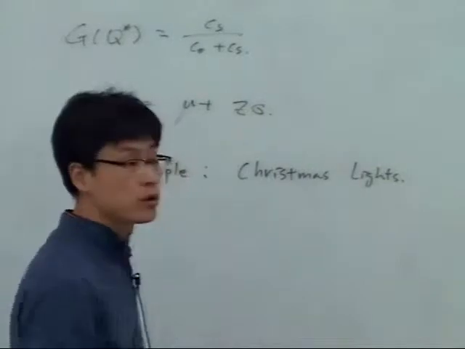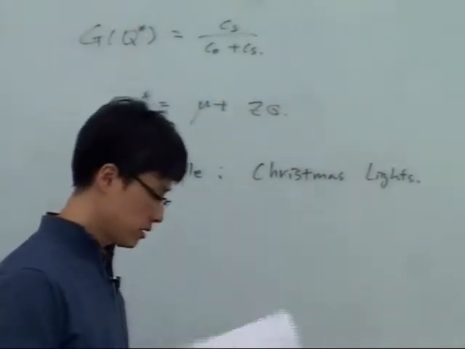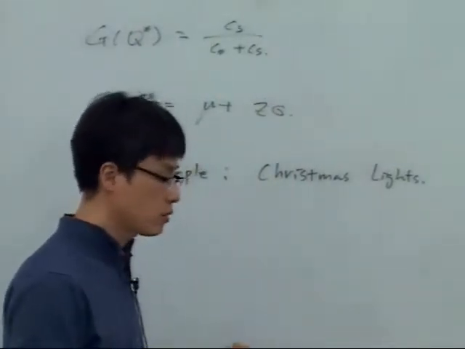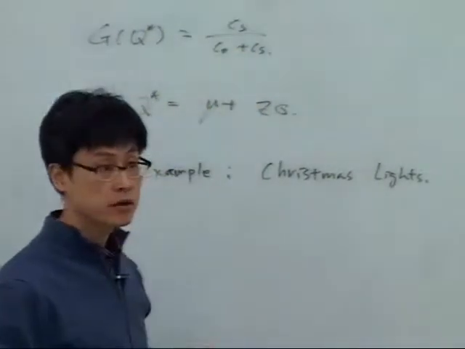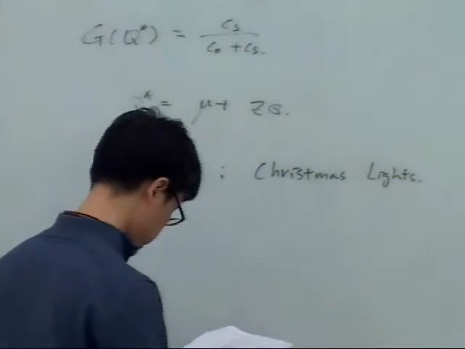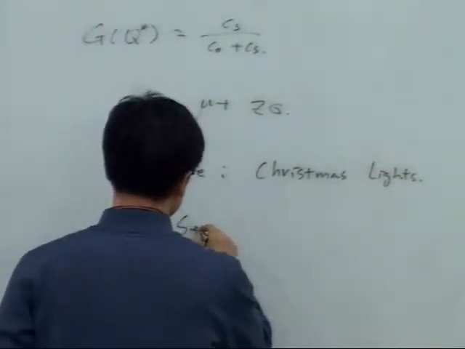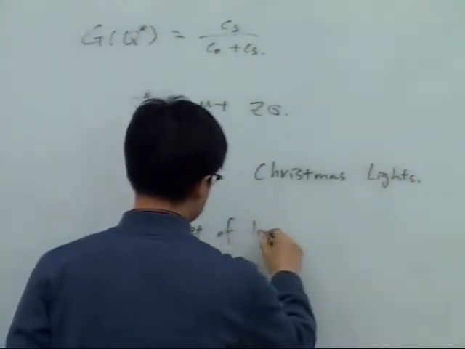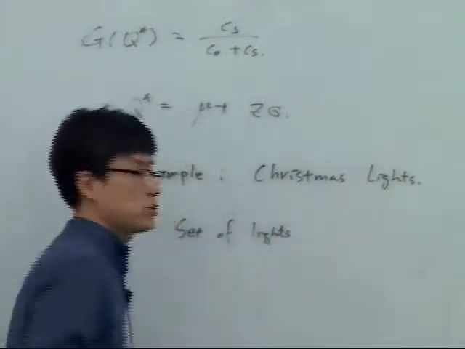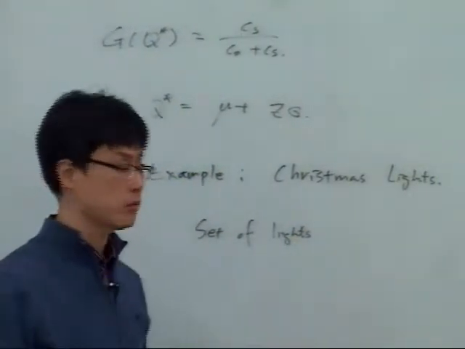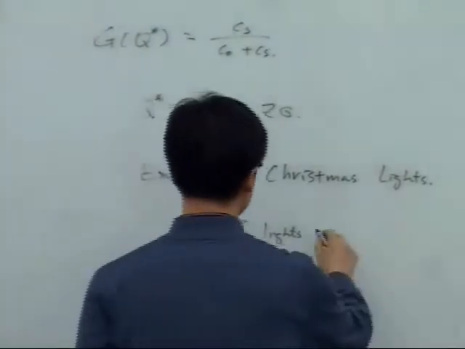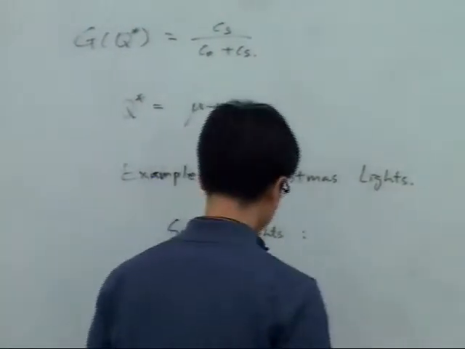In order to apply this model, we have to know the CO and CS, right? So first things first. A set of lights: because you have many light bulbs, you're going to sell it set by set.